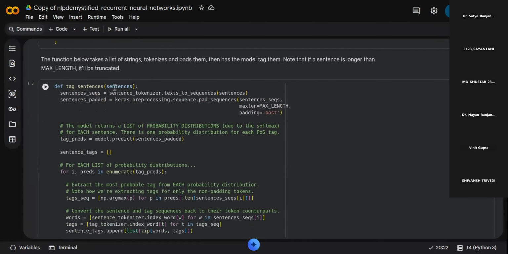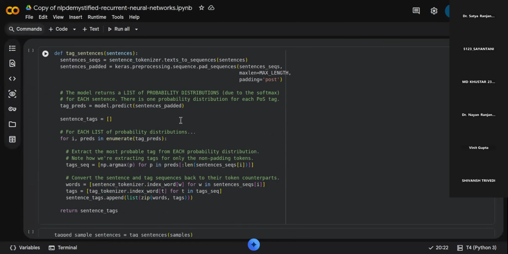The sentence is given as input, it will be tokenized, then padded, because whatever pre-processing you have performed on the training, the same pre-processing must be done for the new sentences. So you have tokenized, then you have padded, okay, then you predict.